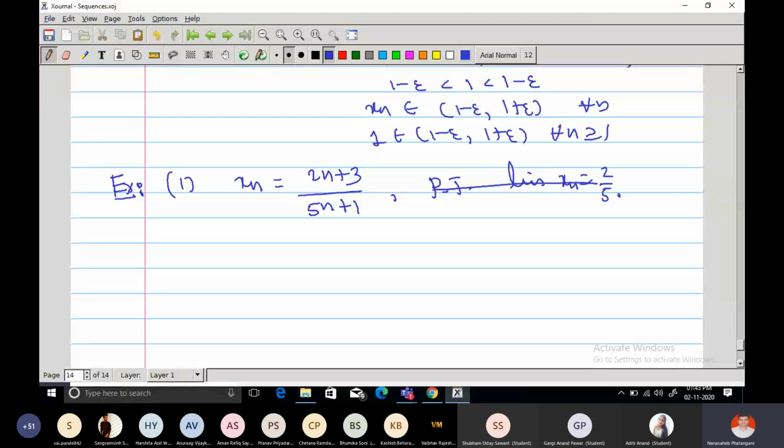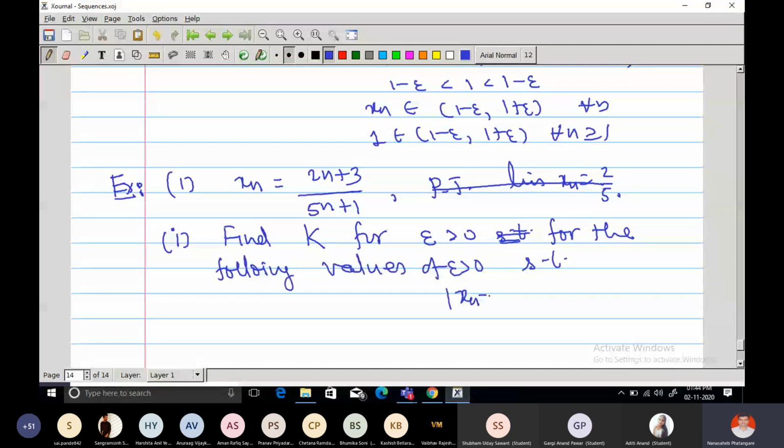What is the sub part? Find k for the following, such that for all n greater than or equal to k.